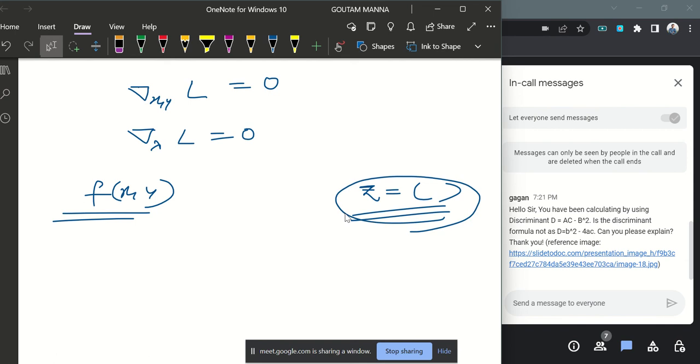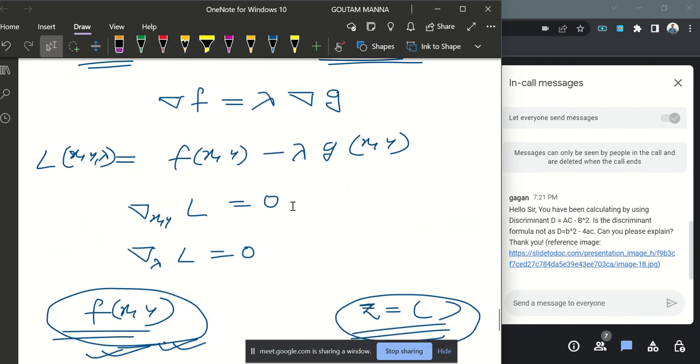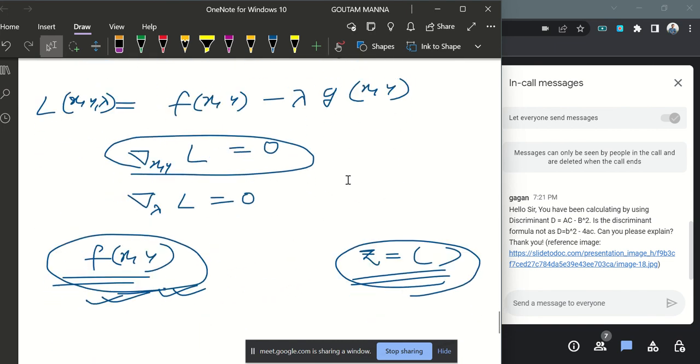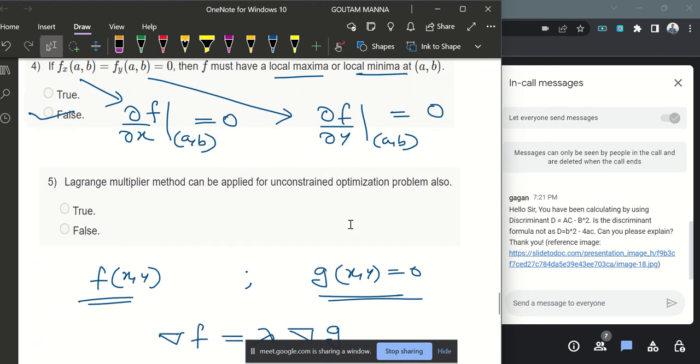This constraint doesn't affect the given optimization problem, which is basically unconstrained. You can anyway apply the Lagrange multiplier method and put these variables together. But during the optimization, if you formulate L and take the gradient with respect to x and y, the constraint part will go away. So it will not affect the equations. So you can still apply it.